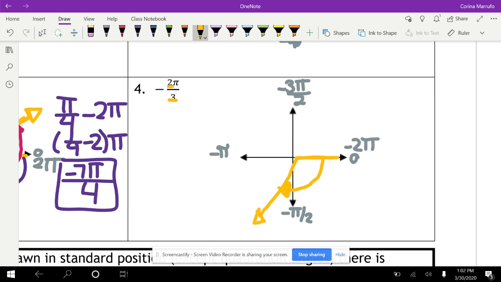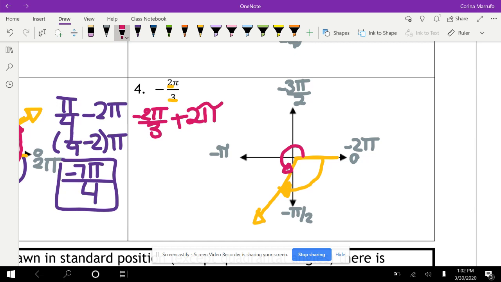And so we're going to find 2 coterminal angles. One positive. Our positive one would start here and come around this way. So to get that, we're going to take the negative 2 pi over 3, and we're going to add 1 full rotation to get a positive angle. And then to get the negative, that's when we would have to subtract.